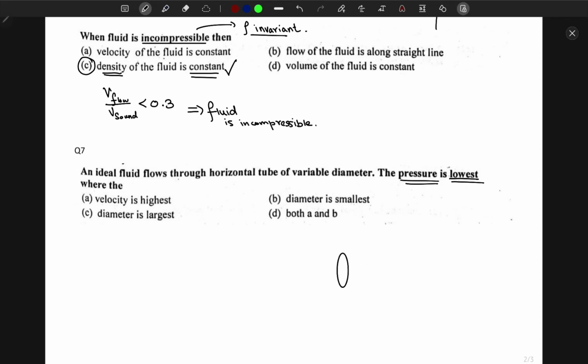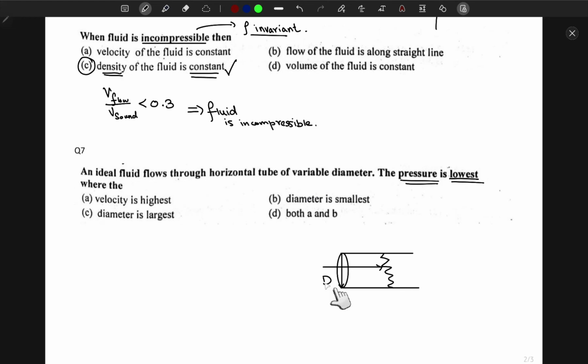Suppose that this is the horizontal tube, right? And let's imagine that there is some cross section over here and the fluid is flowing. Okay, so the diameter can be varied. So let's just say that you can basically shrink or expand the pipe, right?